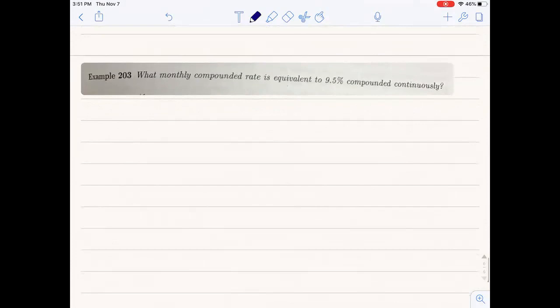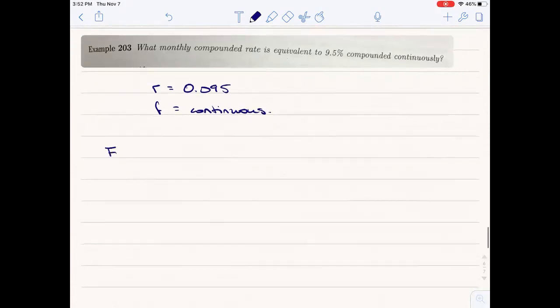And so we've got an R of 9.5%, or I'll just write 0.095. And F is continuous. Find I2 with F2 equals monthly, so 12.